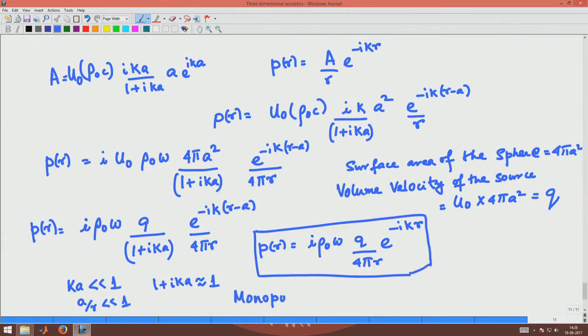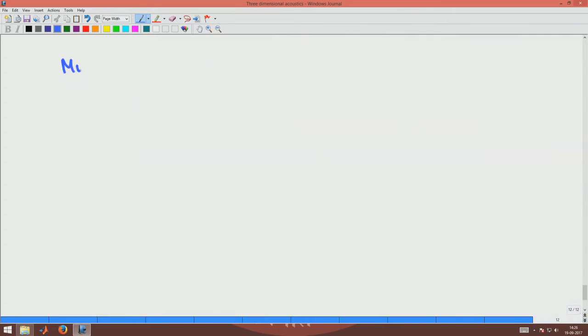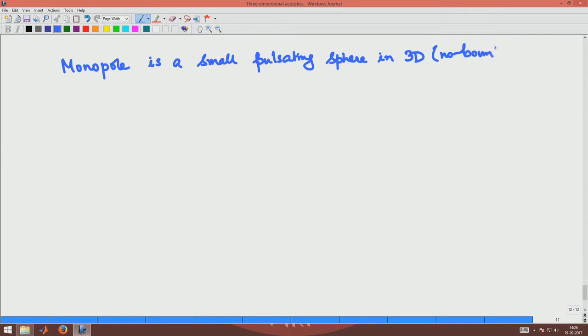So, monopole is defined, monopole is a small pulsating sphere in 3D. Okay. That is, there are no boundaries in this analysis.